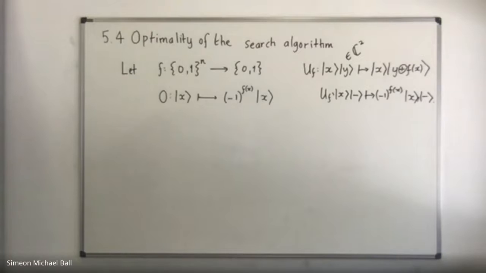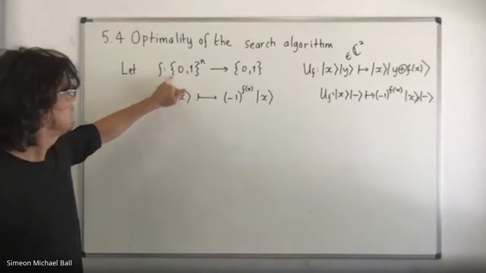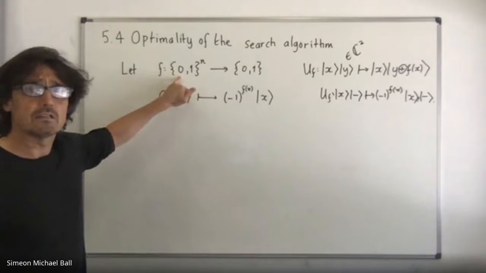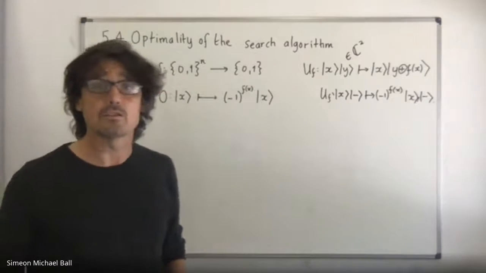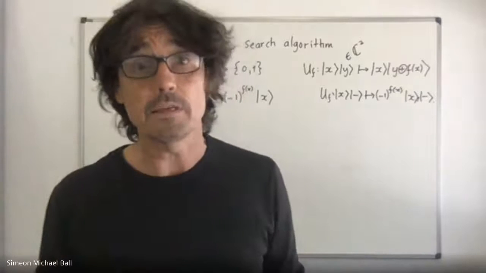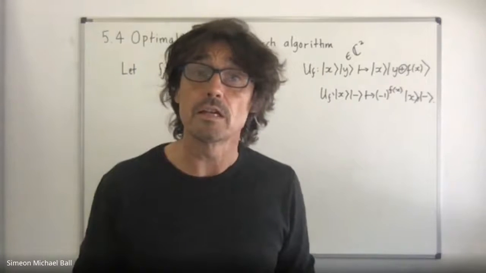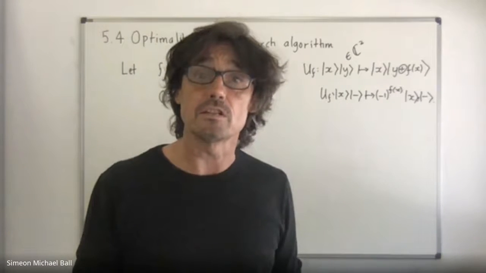Now, we can think of this f as maybe a classical circuit which has n inputs and outputs 0 or 1. And one of the classical problems, in fact an NP-complete problem, is to discover if this circuit is satisfiable.